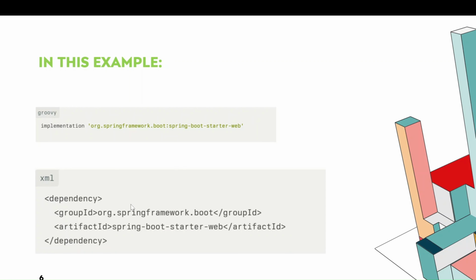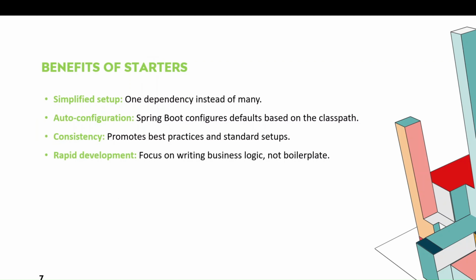So this is a sample starter for Spring Boot Web. This is for Maven. This is for Gradle. Now, the benefits of starters. As I said, if you add one starter, it's going to add multiple jars required for the project. No need to add additional jars.